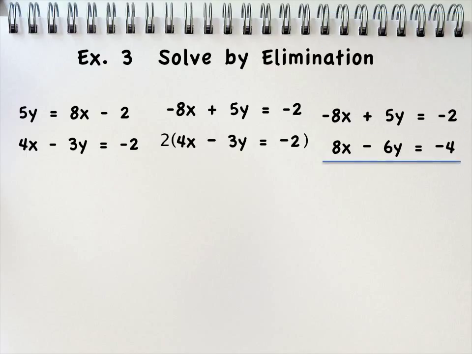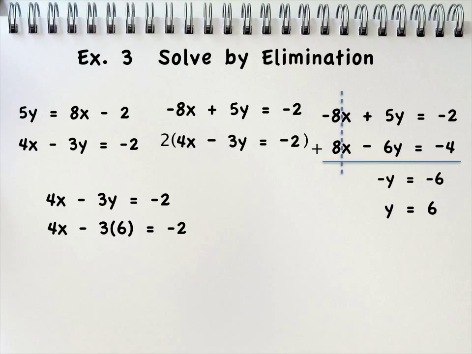Now we can add them, and you can see that the x terms will eliminate, and we get -1y equals -6, so y equals 6. I can substitute that value for y into either of the two given equations. I'll choose the bottom equation. So 4x minus 3 times 6 equals -2.